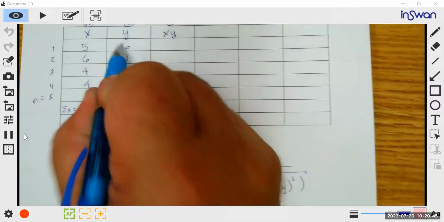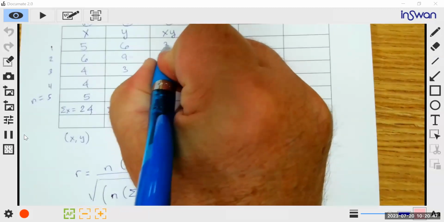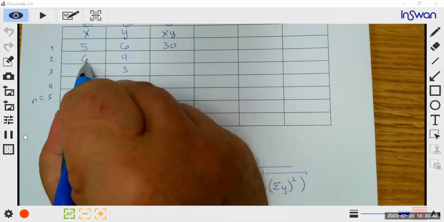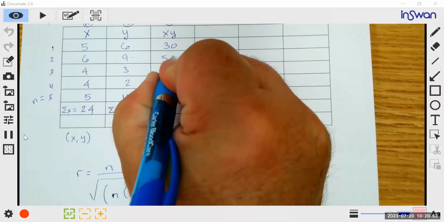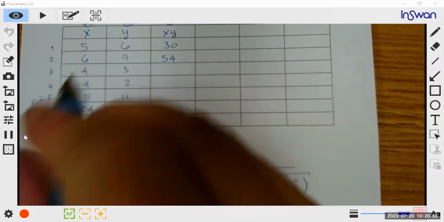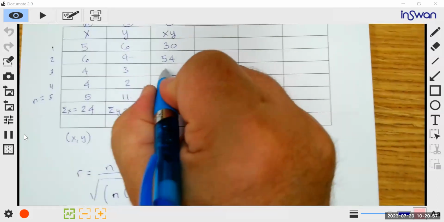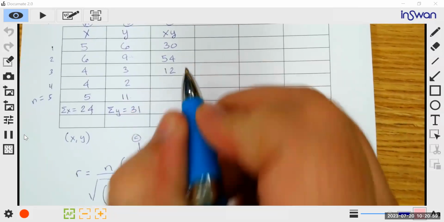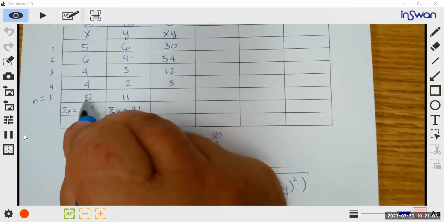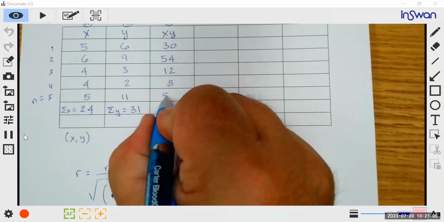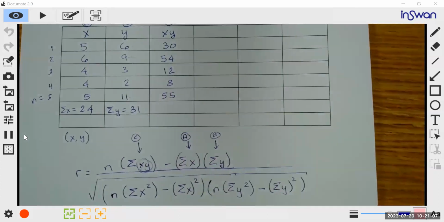So 5 times 6 is 30. 6 times 9, 54. 4 times 3 is 12. 4 times 2 is 8. 5 times 11, 55.